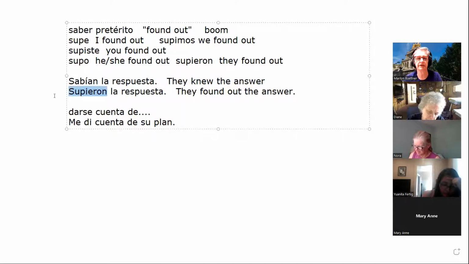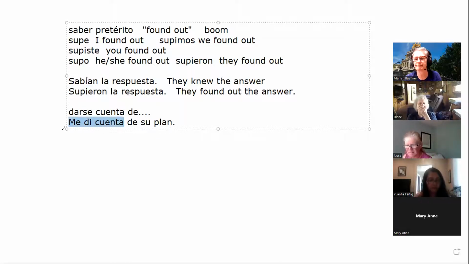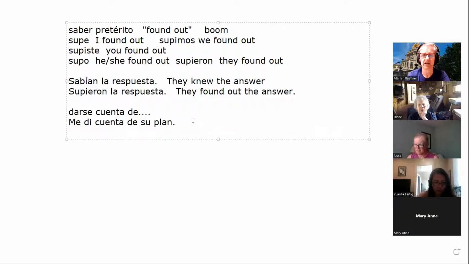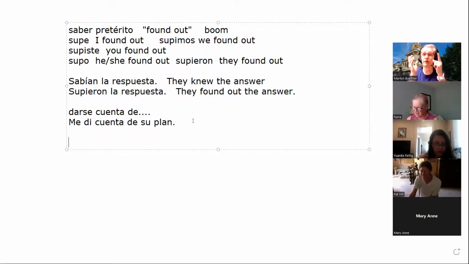They might be. But they're different verb structures, right? There is yet another verb that also means found out. Oh, shoot. But it is a very regular verb. Enterarse de.